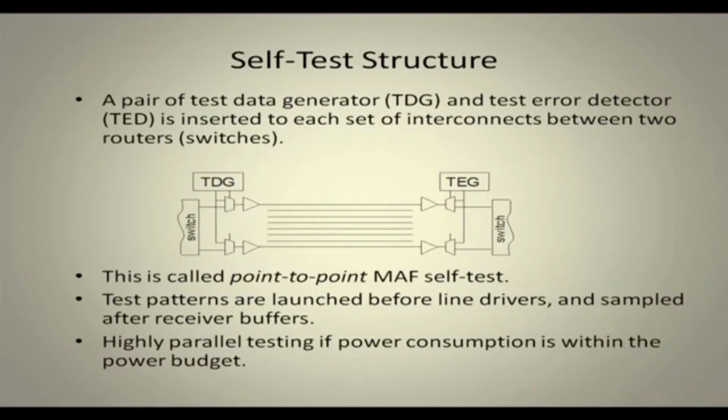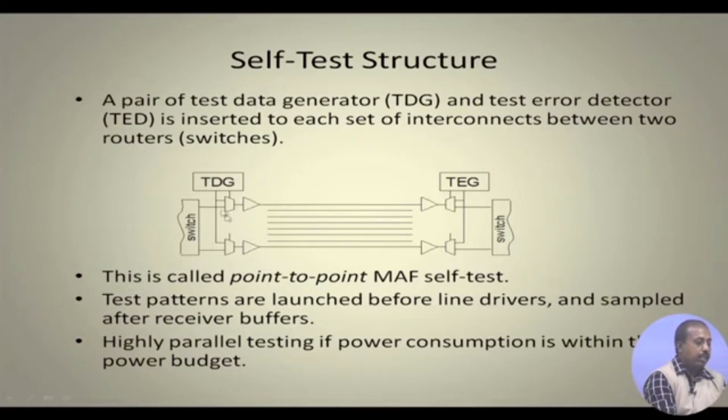Now, how can we do this testing for interconnect? First of all, one possibility is the self test structure. A pair of test data generator and test error detector, TDG and TEG, are inserted to each set of interconnects between 2 routers. This is one router, this is another router. These are the buffers that we have, and in normal operation the data from this switch will go into these links.